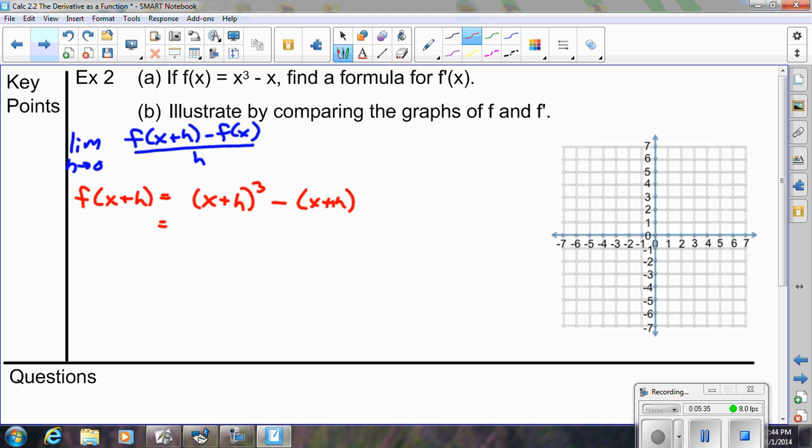Okay, so that would be x plus h, and then x plus h squared would be x squared plus 2xh plus h squared minus x minus h.